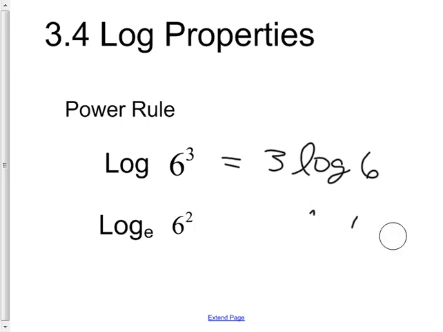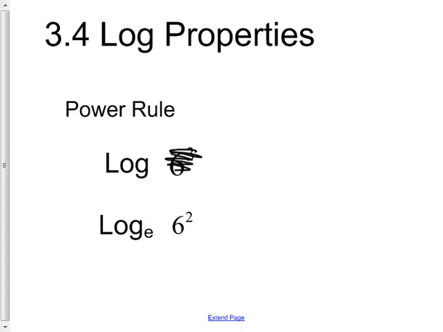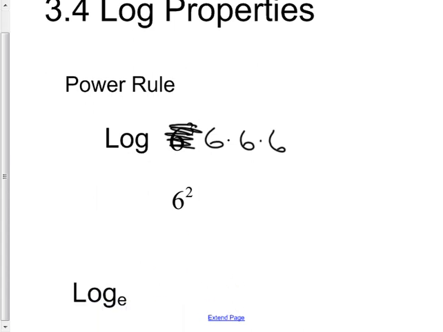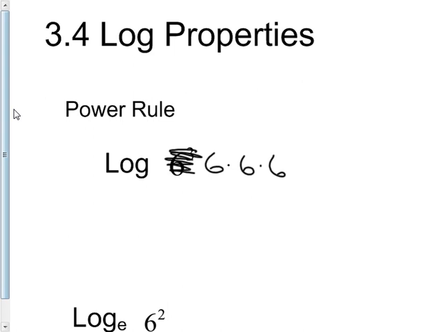Okay, so I want to prove to you that this 3 actually would come down and make 3 log 6. Let me see if you can follow this. Do you get that 6 to the 3rd is really 6 times 6 times 6? And you get from the last rule that I just gave you that if you're multiplying something, then you can change it into an add.